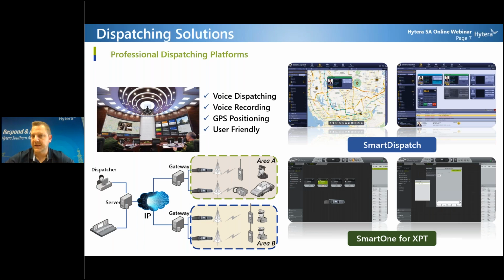That MD785 can be programmed as an analog radio, as an MPT radio, or as a tier 3 radio, even if you want to talk into a tier 3 trunking system. So that's the benefit of a smart one dispatching system versus smart dispatch.